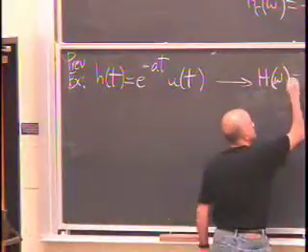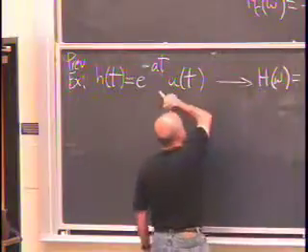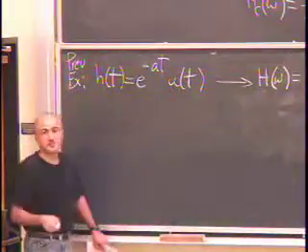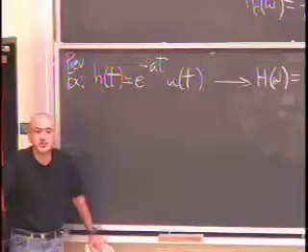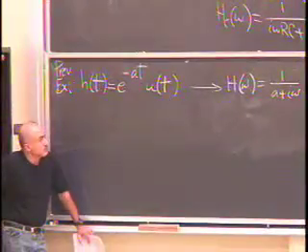One over a plus I omega. This is one of those time domain, frequency domain pairs of functions that you'll be using a lot, and you'll practically memorize as we go through the course.